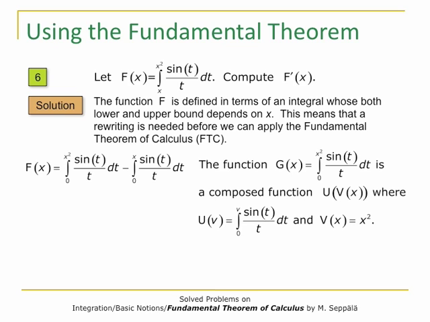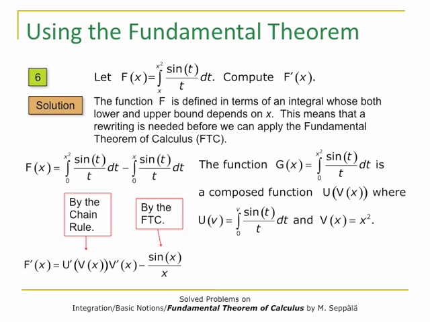And the inner function capital V is a function whose value at x is x squared. When capital U and capital V are defined in this way, then this function G of x is the composition of U and V. Therefore, we can compute the derivative of this function capital G using the chain rule.